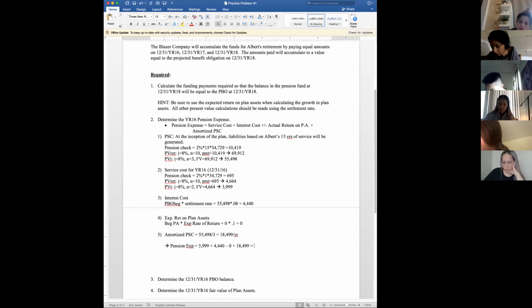Total year 16 pension expense will be $26,938. So this is the year 16 pension expense.